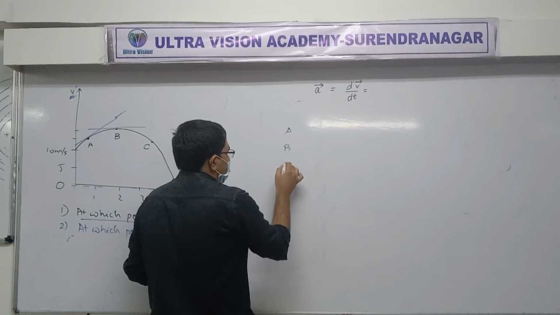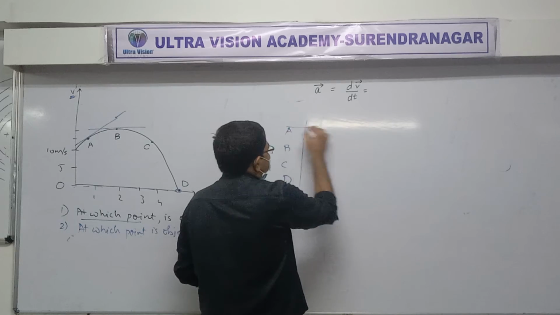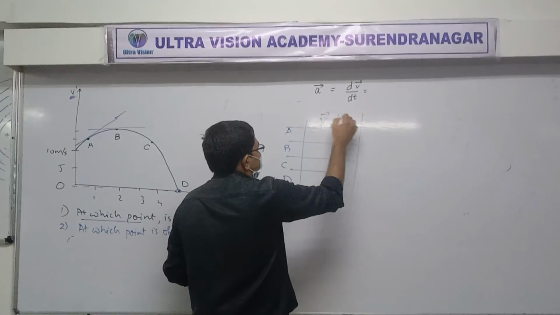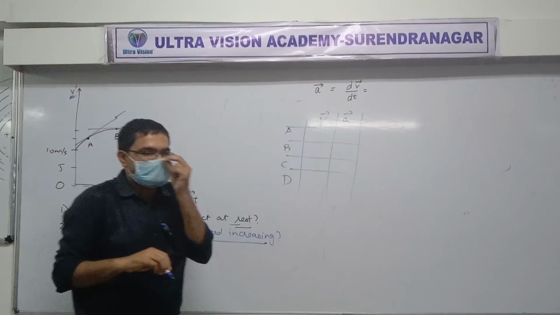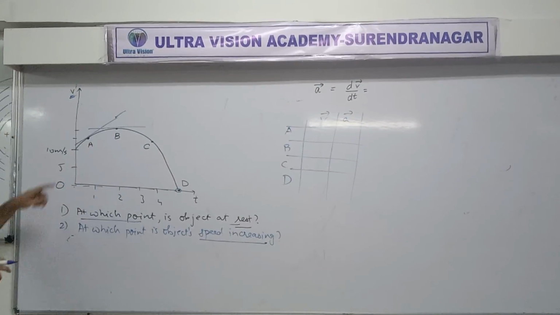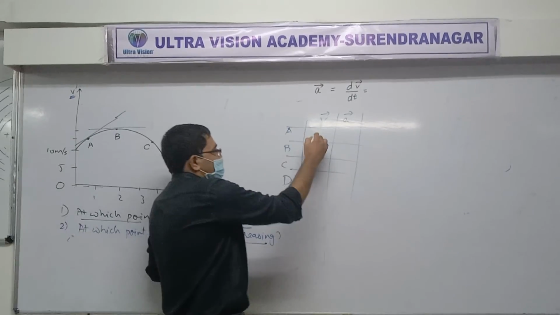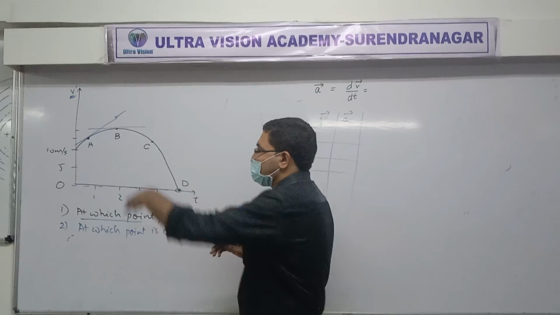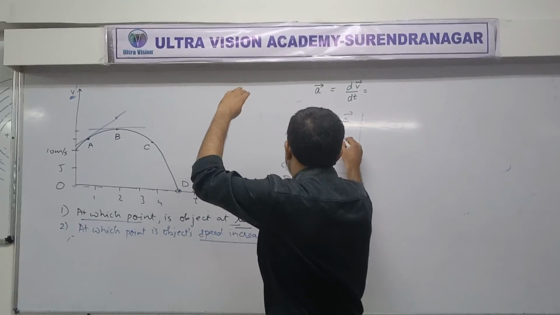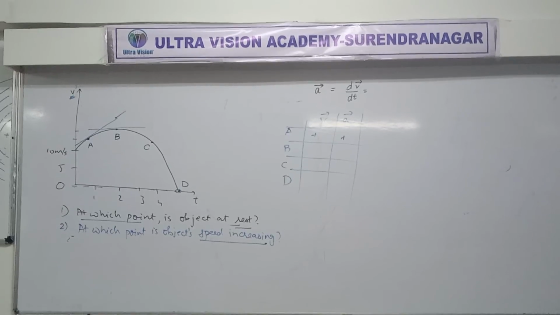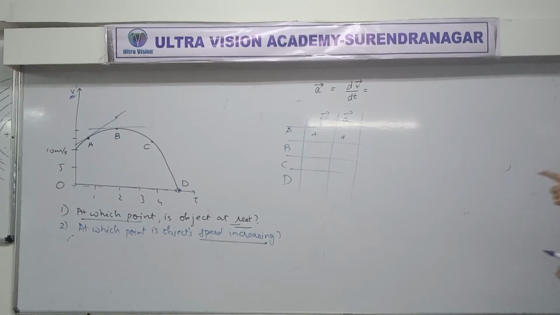This is A, this is B, this is C, and this is D. And here we will write down the signs of velocity and acceleration. Did you understand signs? Plus, minus, or zero. So at A, what have we concluded? Velocity is positive. Acceleration is positive, because the slope of that tangent is positive. So here, will speed increase or decrease? Increase. Got it? So A will definitely be the answer.